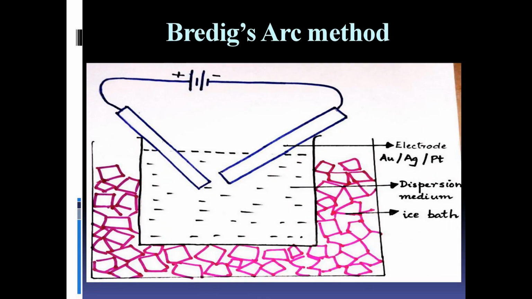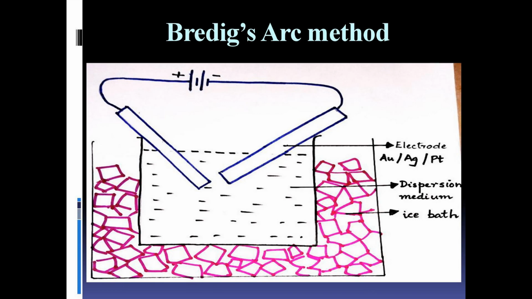The next method of preparation of lyophobic sol is Bredig's arc method, which is also known as electrical disintegration method. This is a typical method for preparation of sols of the noble metals. Students, you know the noble metals are gold, silver and platinum.